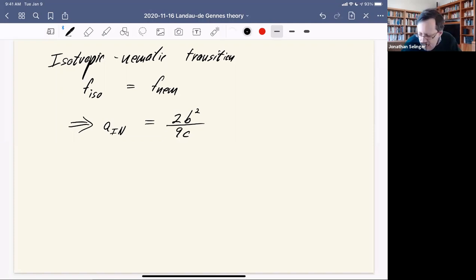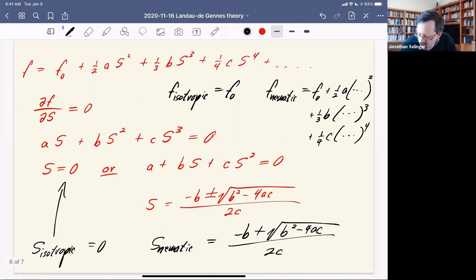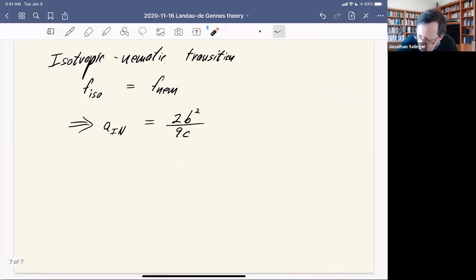And then we could take this value of A and ask, what is the order parameter on the nematic side of the transition, right? That is, we just plug that value of A into this equation. And S at that transition is equal to negative 2b over 3c.